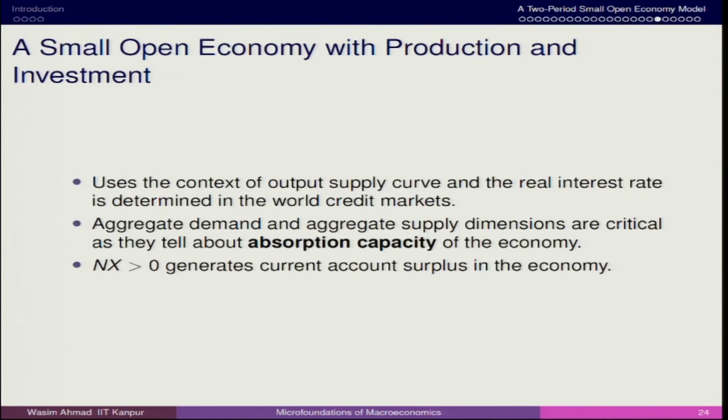If a country has no trade relations, then it depends upon aggregate demand and aggregate supply. If aggregate demand is higher than aggregate supply, then you need to import more. If the country has trade relations and demand is less than supply, then the surplus output can be exported and savings can be made in the form of the current account.